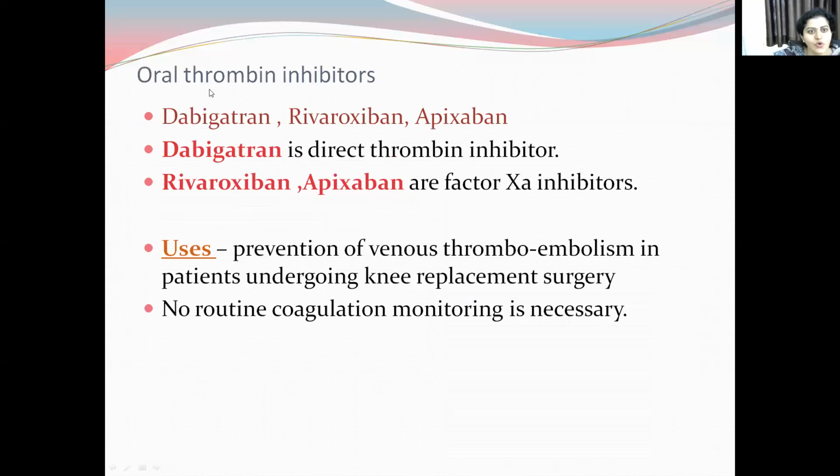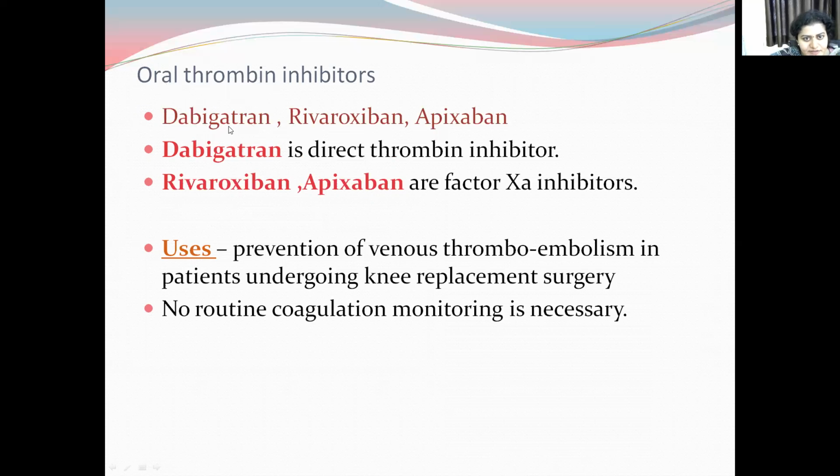Now these are oral thrombin inhibitors. As the name suggests, they inhibit thrombin, that is factor 2, and can be given through the oral route. So this includes the drugs dabigatran, rivaroxaban, apixaban.